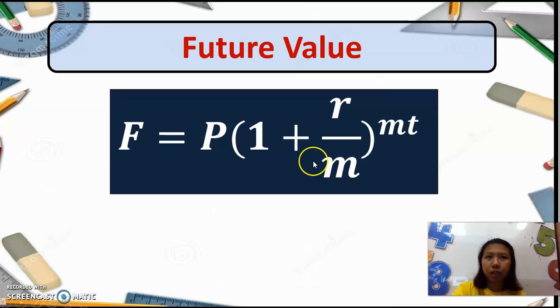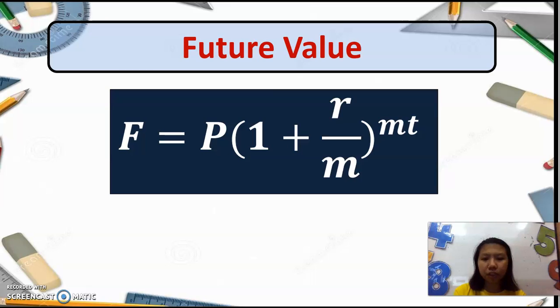For example, when we say compound interest, you may see words such as compounded quarterly, compounded annually, compounded twice a year, compounded weekly, and compounded bi-monthly. So that's what you see when we have compound interest in our word problems. In simple interest, we cannot see those words because it's just simple interest.